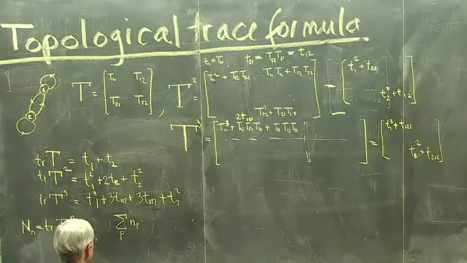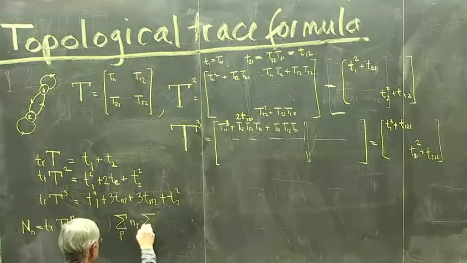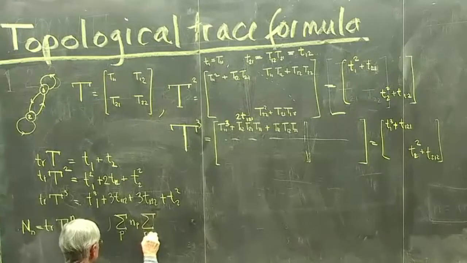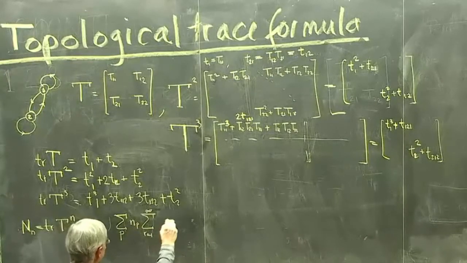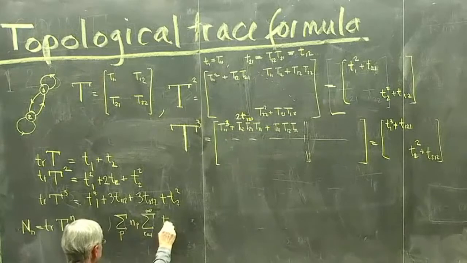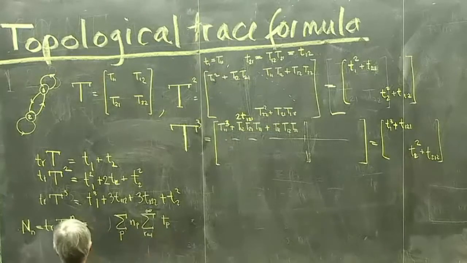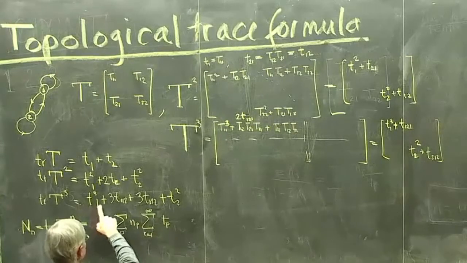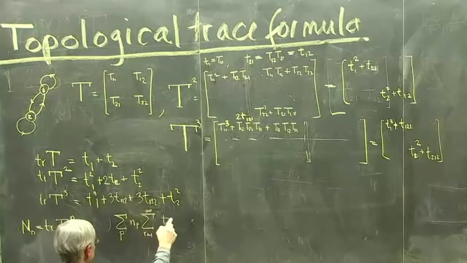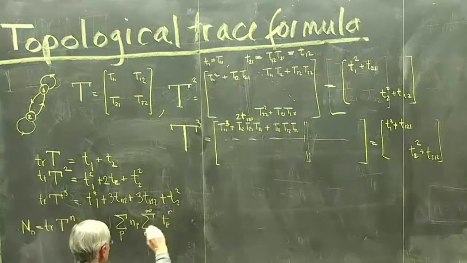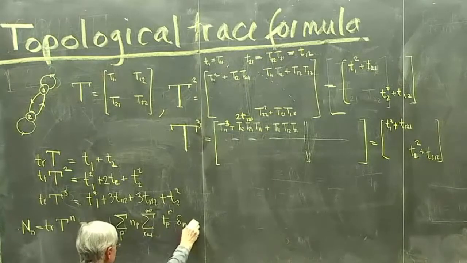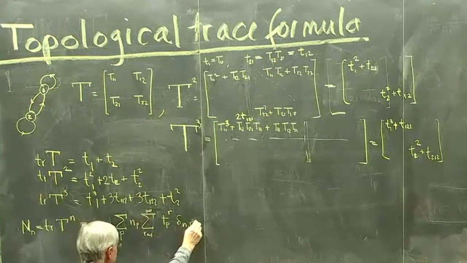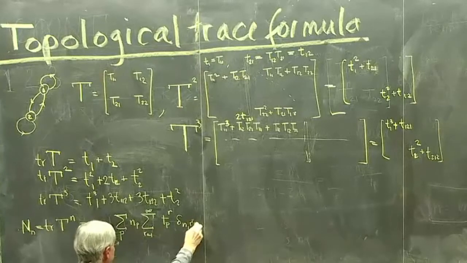You remember that from other examples. Then we'll have a sum over all r from 1 to infinity, and for each one of them we'll have the weight of that prime orbit, for example 1 or 2 repeated some number of times, and the whole thing will have to add up to n. So r repeat times the length of a prime cycle.